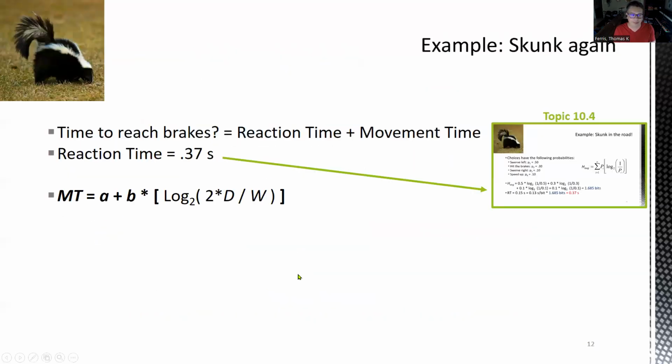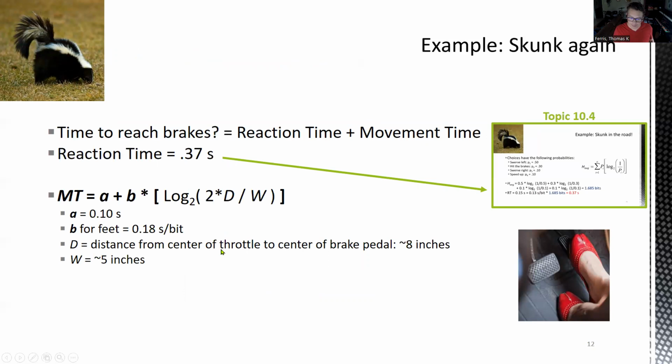Good. Make sure. Our distance from pedal to brake, throttle to brake, and the width of that brake pedal. I'm just going to give you some numbers here, right? I'm just making these up, but you can see that they kind of make sense. 8 inches and about 5 inches in width. Now, note, this is from the center of the throttle to the center of the brake. So you're assuming that people are aiming for the center of the brake.